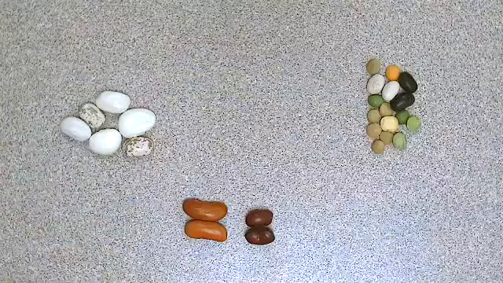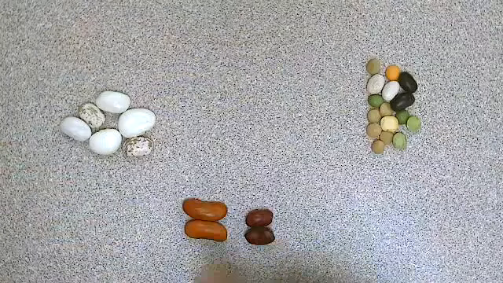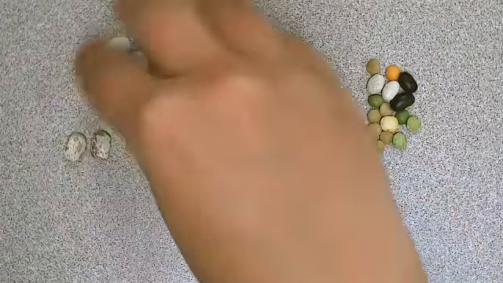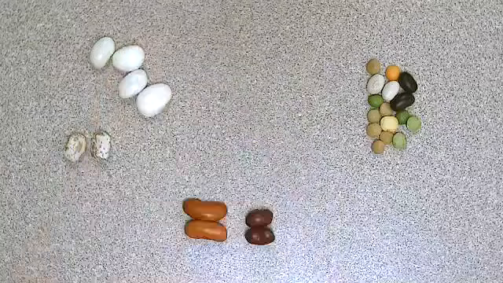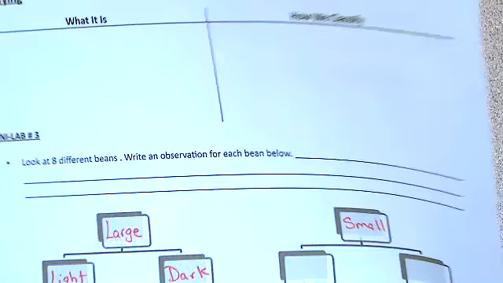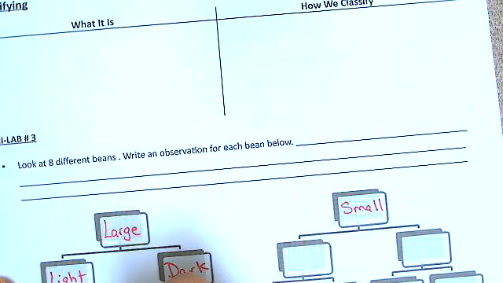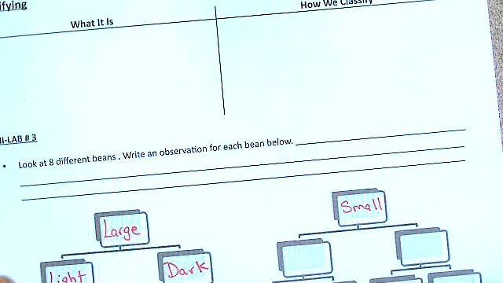Okay, for my light colored group, I'm going to do plain versus spotted. Okay, so I have a spotted group and I have a plain group.